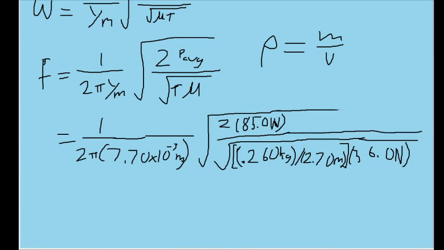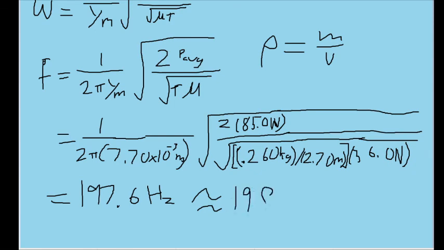This whole big thing, let's plug it into our calculator, and the answer we get is 197.6 hertz. But let's rewrite this as 3 significant figures so that our answer is consistent, and that answer becomes 198 hertz. And that is the frequency of the string.